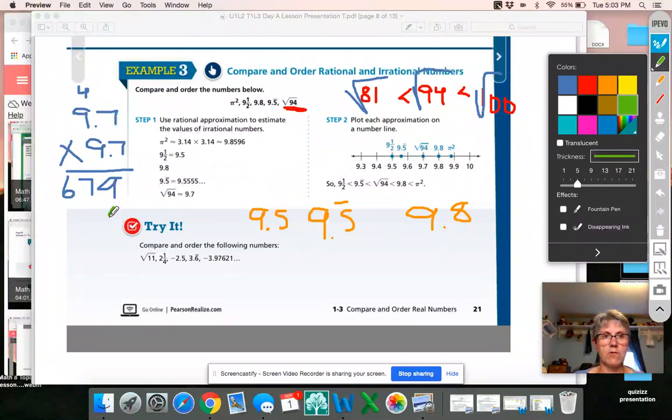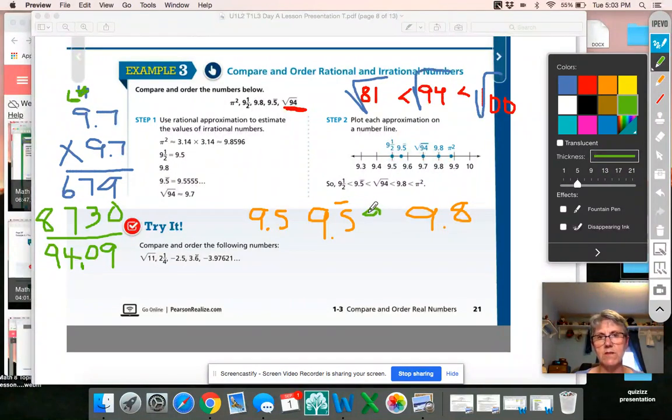And then we need a 0 to hold our place. 9 times 7 is 63. 9 times 9 is 81, plus 6 is 87. And then if we add these up, we have 9, 0, 4, 9. That's pretty close to 94. So it's about 9.7, and 9.7 goes right here.